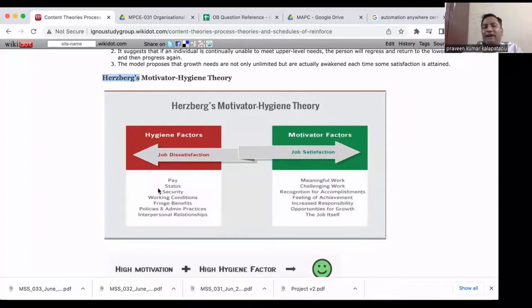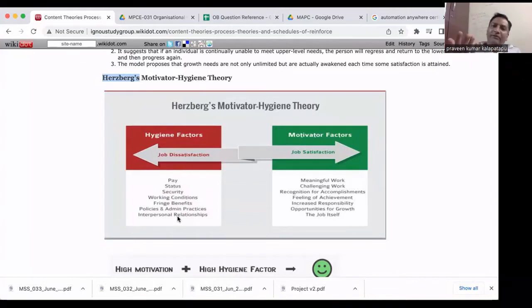Now, what is a hygiene factor? Hygiene factors are the ones which need to be met to reduce the dissatisfaction. So these are the factors which will reduce the dissatisfaction. Understand the difference. One is increasing the satisfaction, the other is reducing the dissatisfaction. There is a thin line of difference here. You will not say that these are my basic needs, but you will say that if my pay is not good, what is the point in having meaningful work?